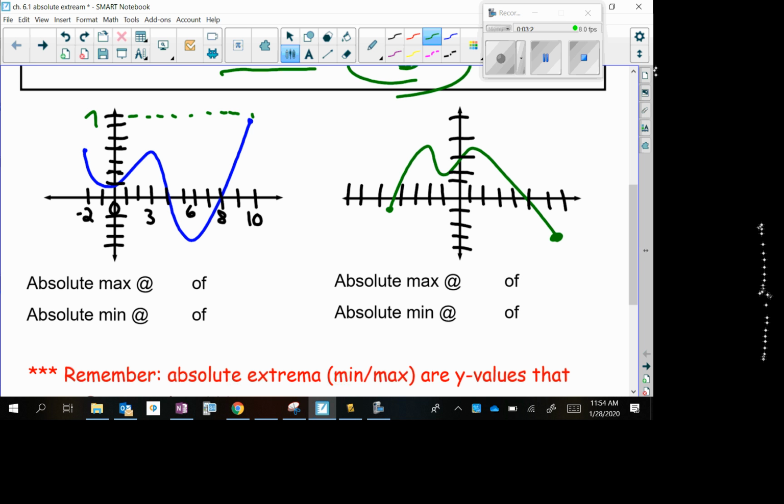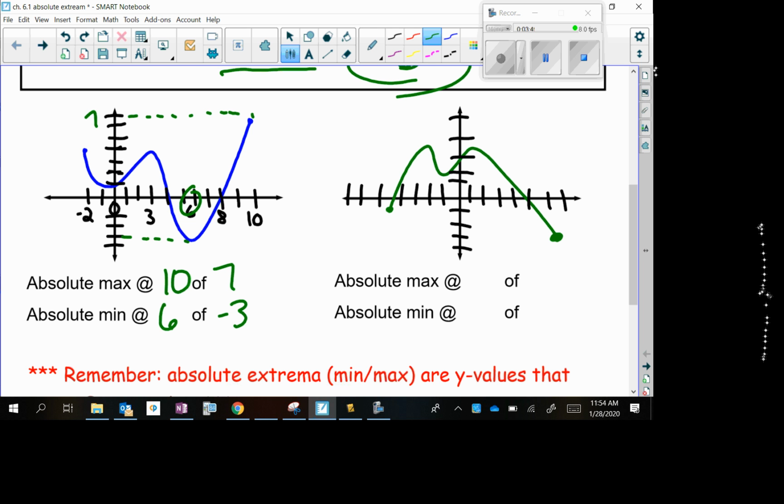So the max occurs at 10, of 7. Okay, sorry about that. Where's the absolute min? Where's the absolute lowest it gets? At 6. And what is the lowest value the function ever gets to? Let's say -3. So at 6, of -3.